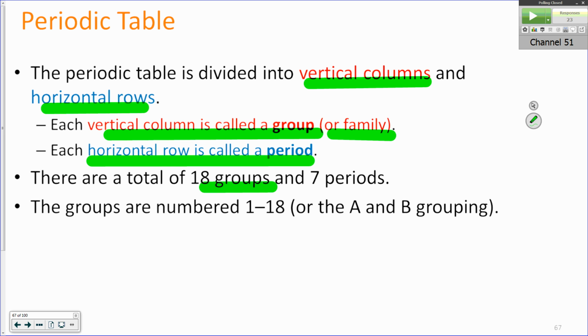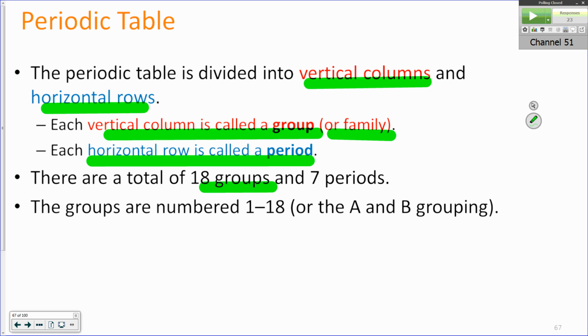If you look at an older periodic table, especially anything from the 1980s, 1990s, or 2000s, some had the 1A, 2A scheme, some had the group number 1 through 18, and some like this one had both. What I want you to realize is you're going to run into both, depending on the textbook you pick up. And we just need to be able to associate that an 18 is equivalent to an 8A.